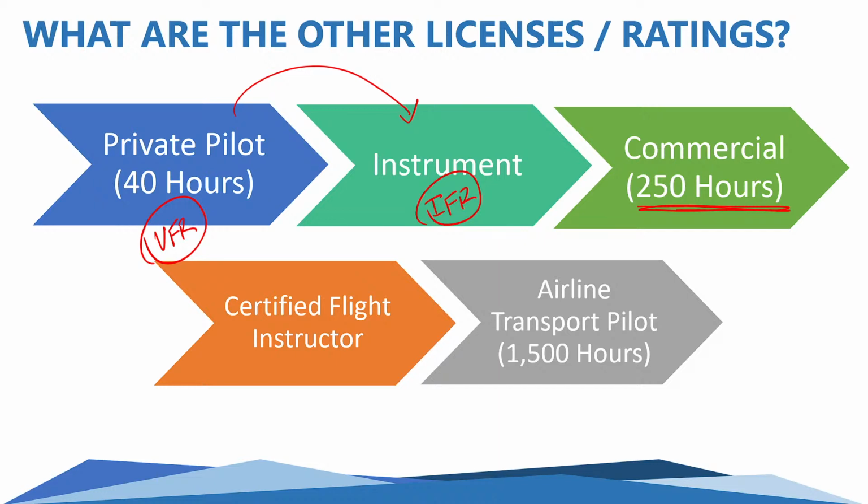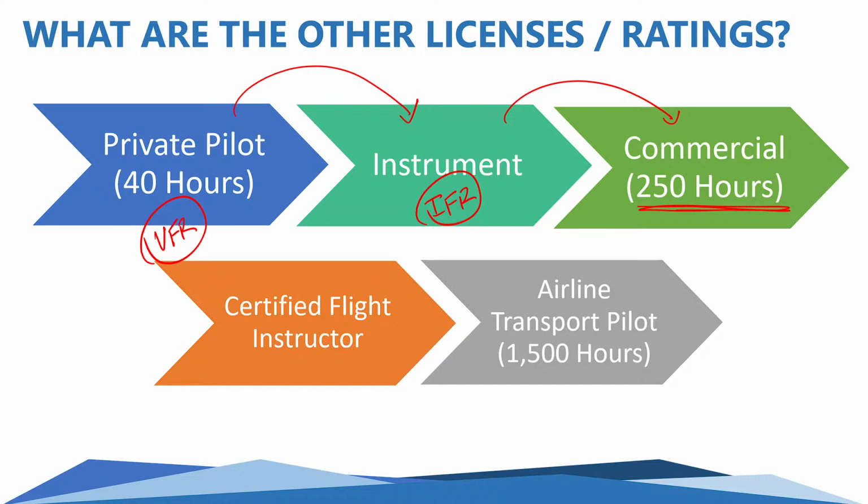On your way up, the next logical step that most people take if they want to get paid is the commercial license. Some people just get a commercial license because it potentially reduces the insurance for their own personal aircraft. It's a 250-hour minimum. You basically learn about controlling the aircraft and finessing it with different maneuvers, and that's really your commercial. Once you're done with your commercial, then all bets are off.